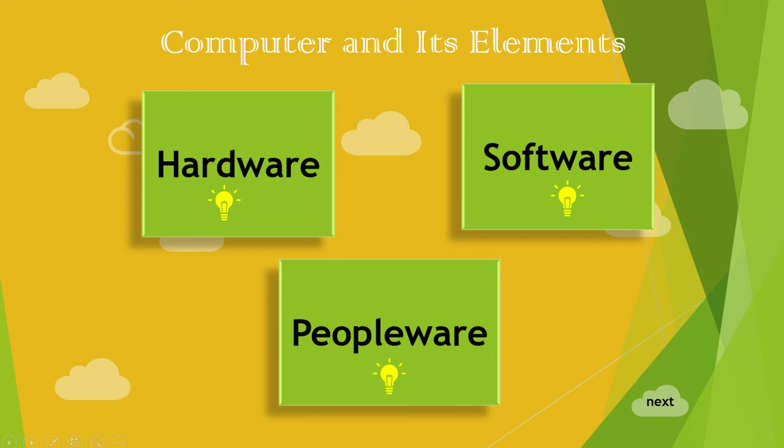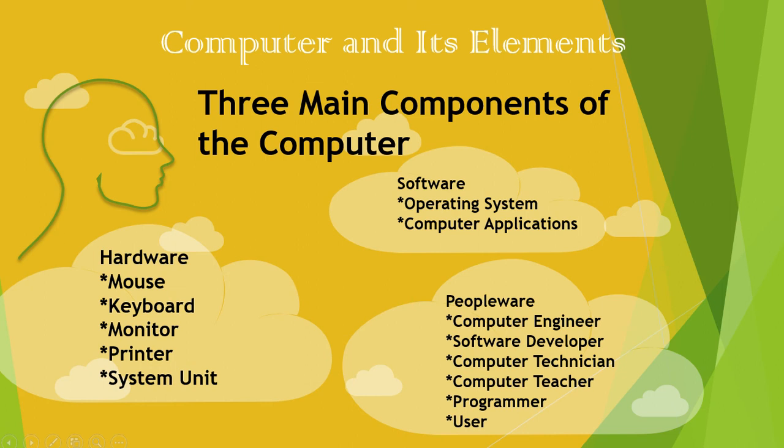Okay. Now we are done presenting the three elements of the computer. Summing up, the three elements of the computer are hardware, software, and peopleware. Examples of hardware are mouse, keyboard, monitor, printer, and system unit. But it is not limited to these examples.